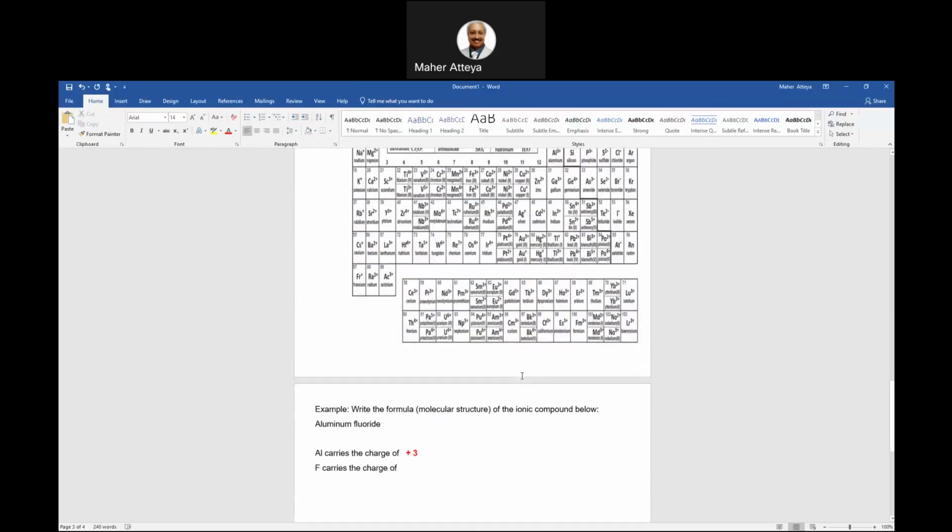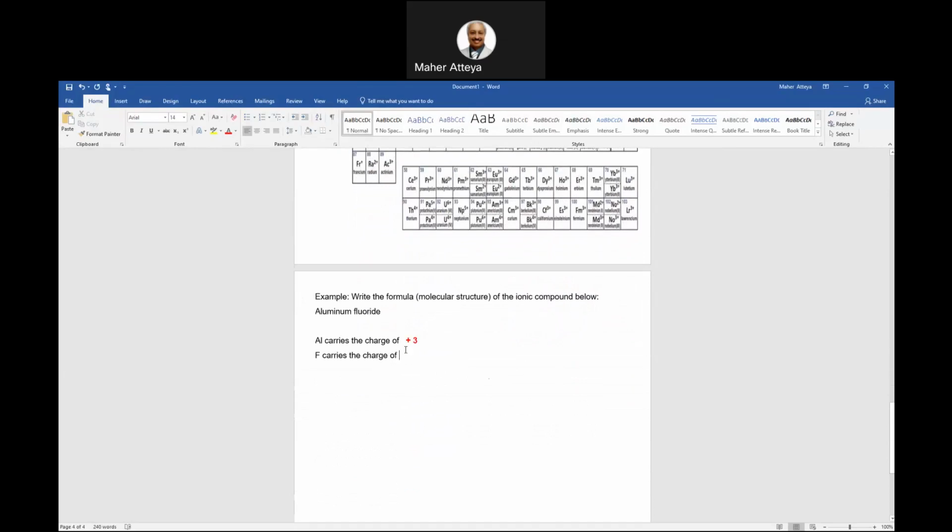So this one here is -1. I'll make it bold. Bold, and then -1. So what I will do here, I will write Al, and then put a superscript 3 plus.